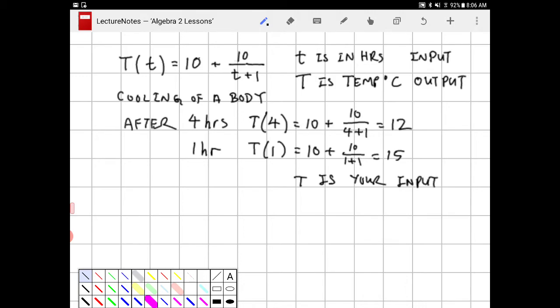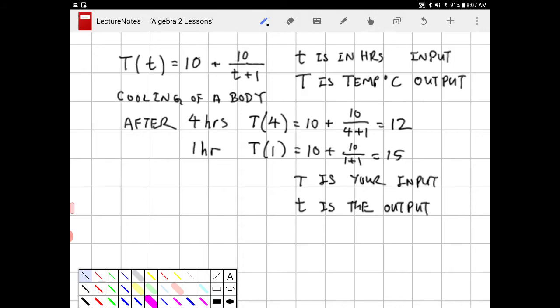You know the temperature of the body, but you have no idea how much time has passed since it started to cool. So now your lowercase t is the output. The situation has been reversed: the temperature reading, originally the output, is now the input.